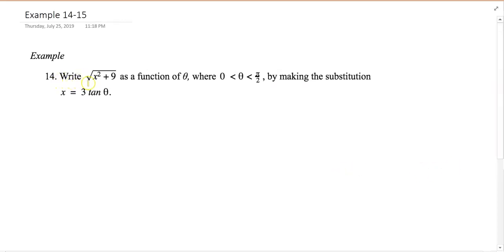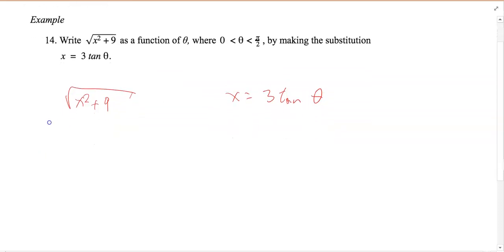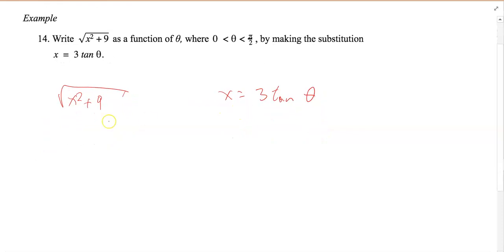So, for example, let's write radical x squared plus 9 as a function of theta, where theta is between 0 and pi over 2, making the substitution x equals 3 tan theta. So wherever you see x, you will put in 3 tan theta.